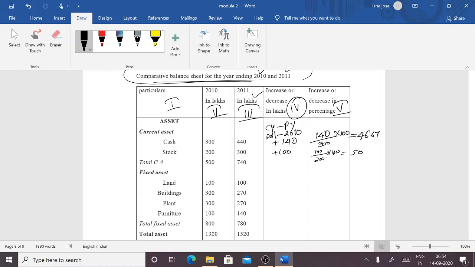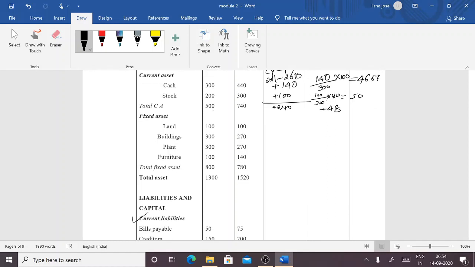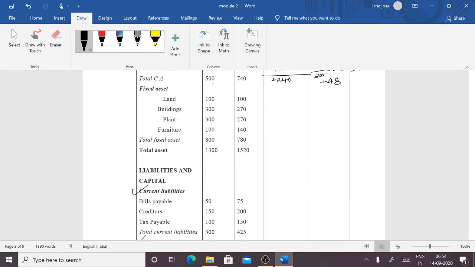Then we can calculate the total asset. Here it is 500, here it is 740, and the total increase in current asset is plus 240. The percentage of this is plus 48.